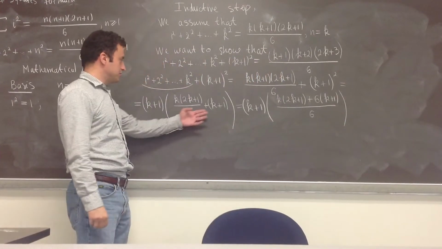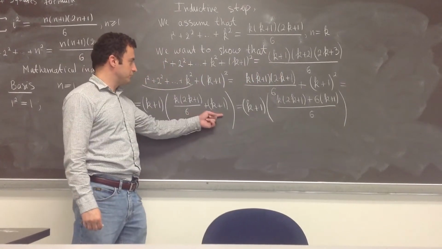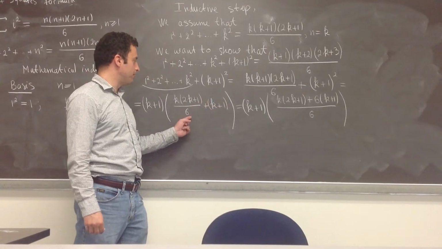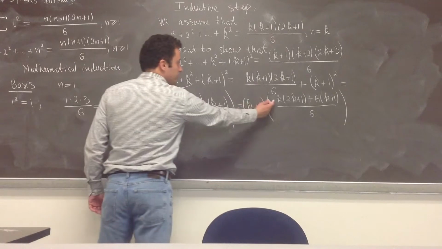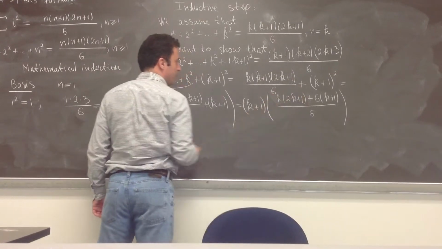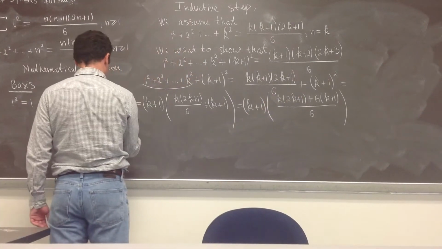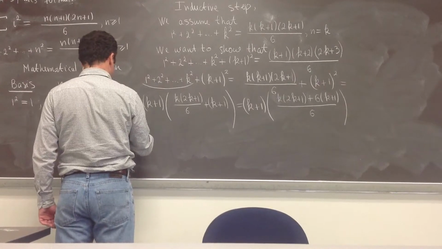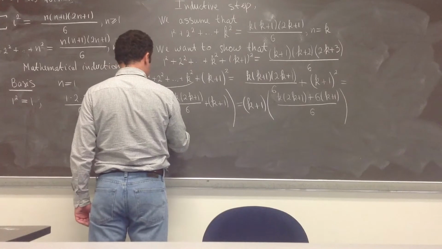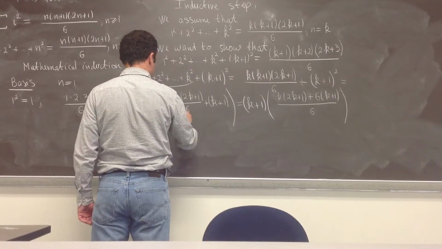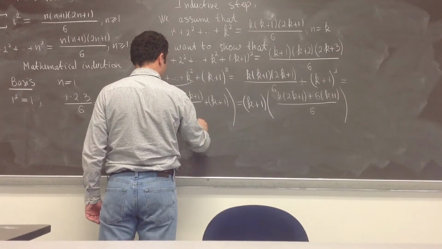So you can add this to the expression. The common denominator is equal to 6, so we need to multiply k plus 1 by 6. Now let's distribute k and 6 and combine like terms. And we have k plus 1 times 2k squared plus k.